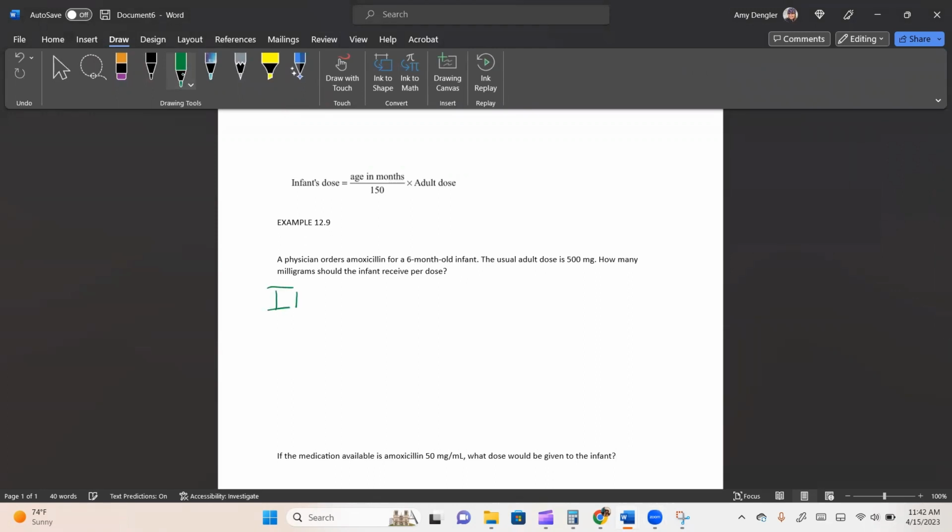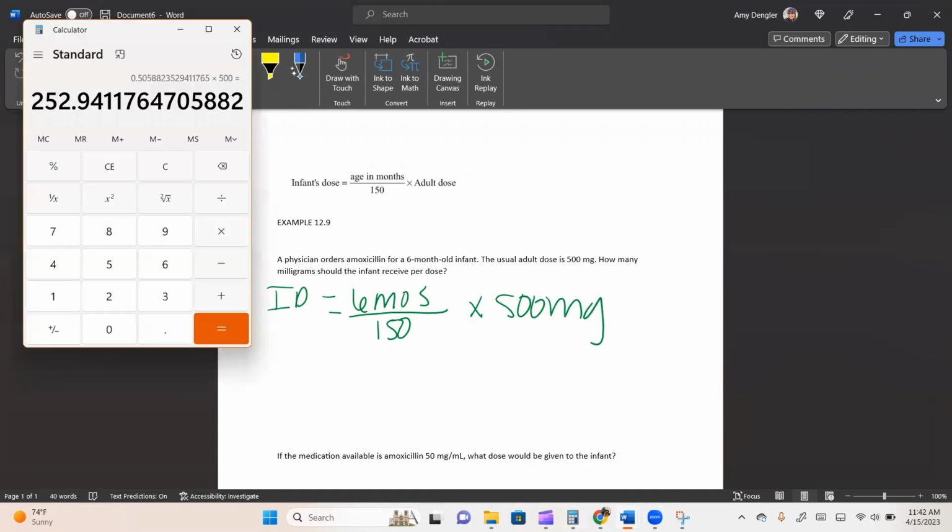So I'm going to do ID is equal to the age in months, which is 6 months over 150 times 500 milligrams.